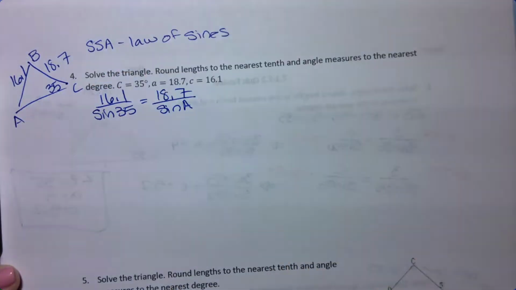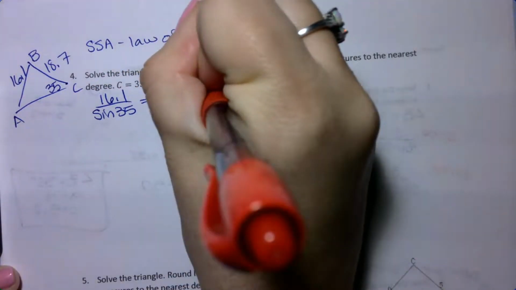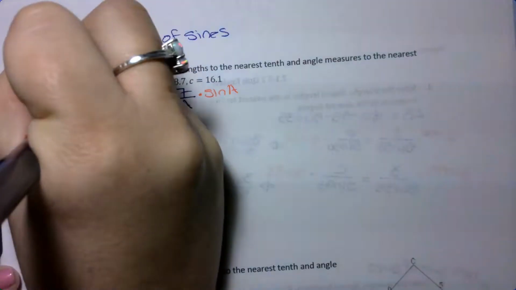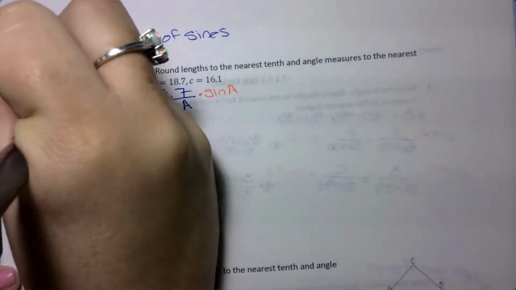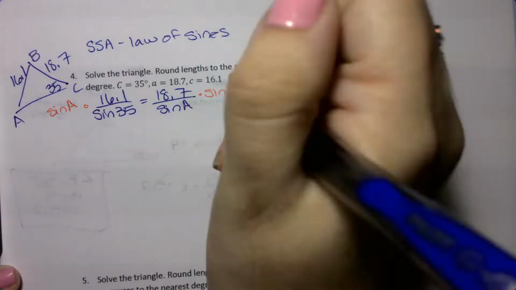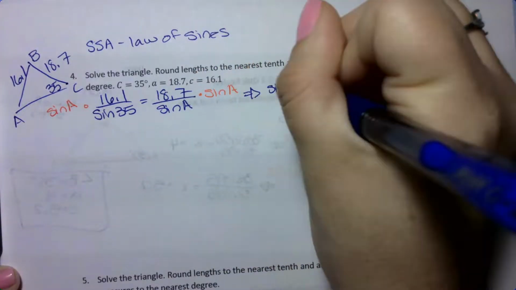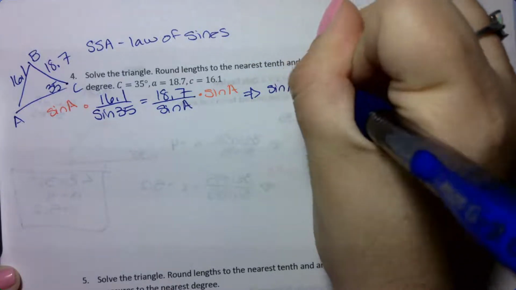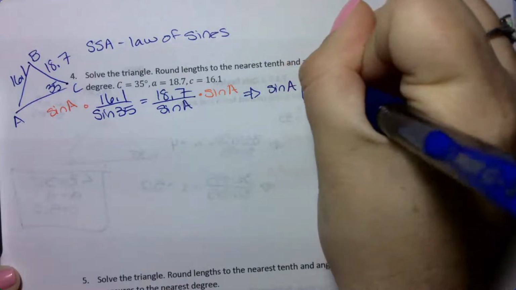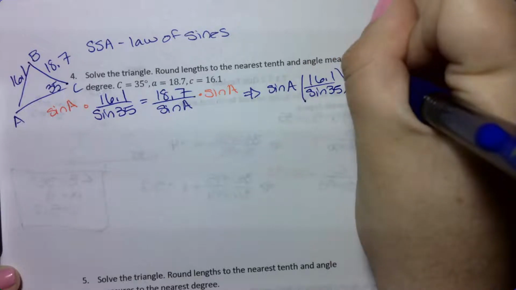So just like before, I want to get the variable out of the denominator. I'm going to multiply both sides by sine of A. So this gets me sine of A times that 16.1 over sine of 35 equals 18.7.